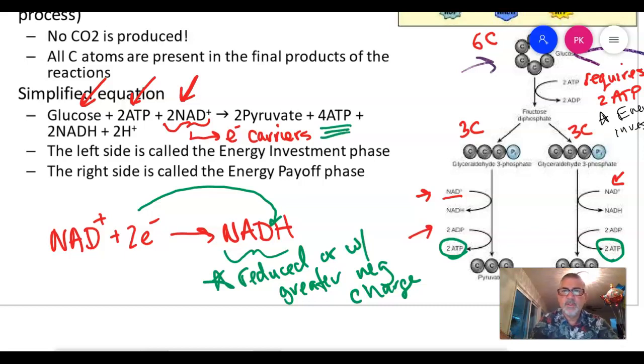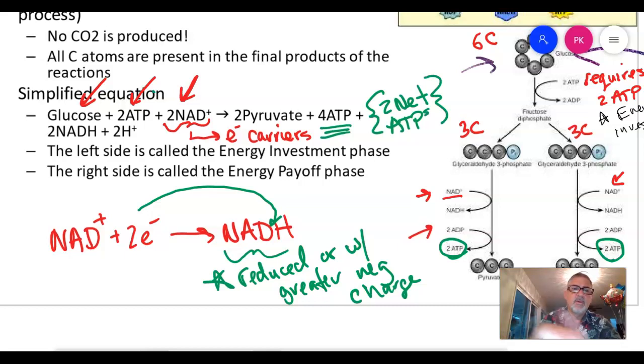Or you could say that there's two net ATPs. Remember, I had to invest two, and I make 4, so I have 2 net. So I get 2 left over. It's like if you're paid $10 and something costs $5, your net is 5, right? That's what you have left.